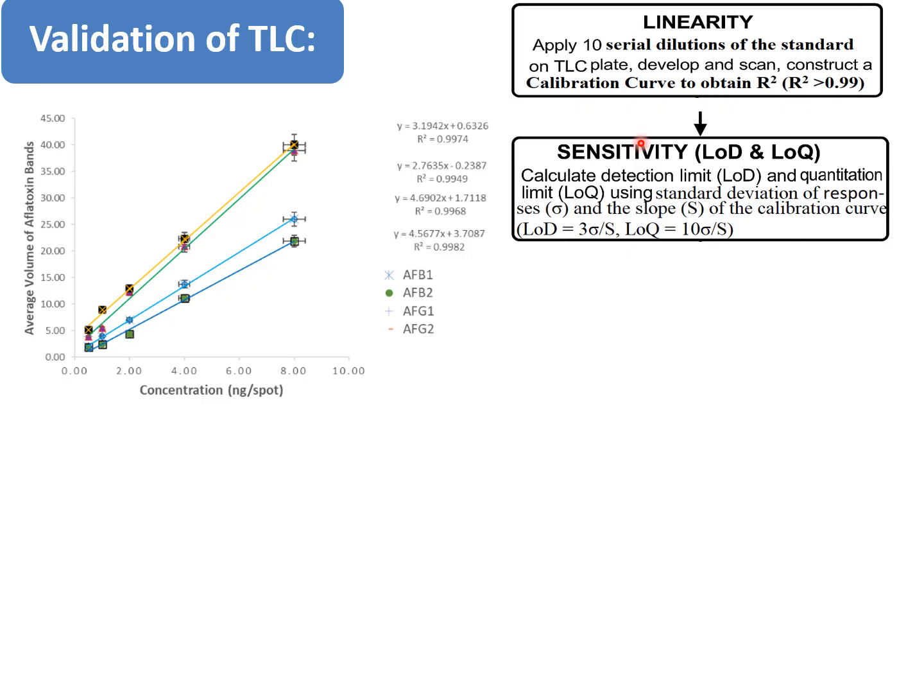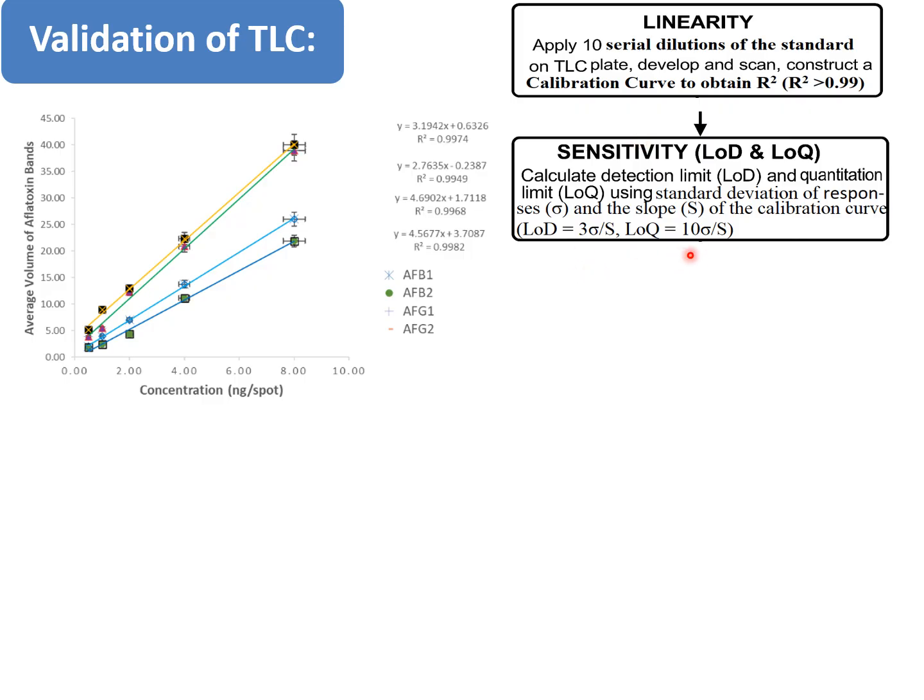And that is why it is expressed in terms of the limit of detection, which is the smallest amount of analyte that can be reliably detected but not necessarily quantified, and limit of quantitation, which is the smallest amount of the analyte that can be quantitatively measured with acceptable precision and accuracy. So a more sensitive method has lower limit of detection and lower limit of quantitation values.